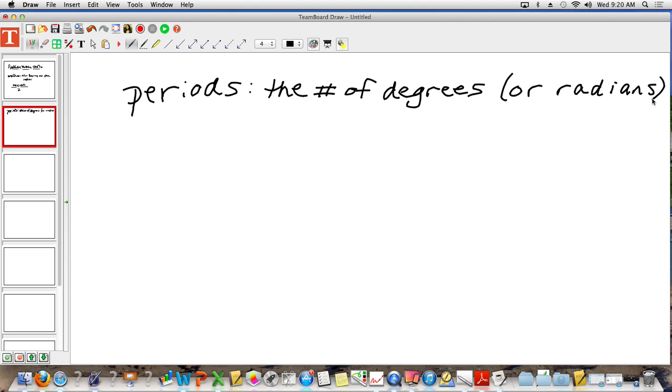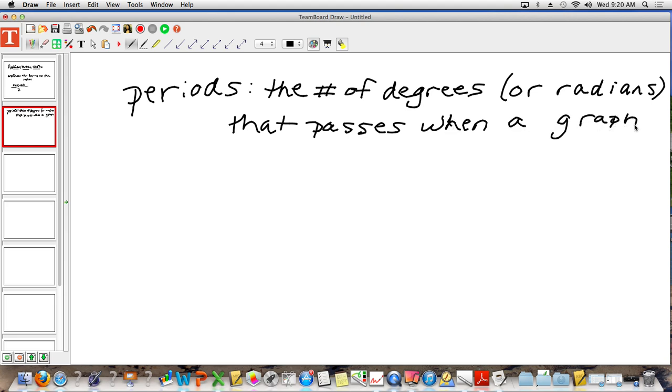The number of degrees or radians that passes when a graph begins to what, you guys? Ascend, descend. Restart. Repeat is what I always say. When it begins to repeat. That's what a period is.